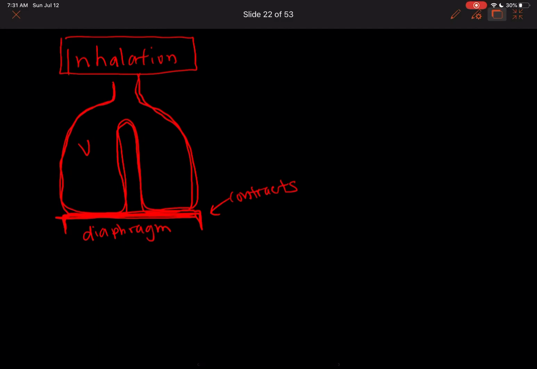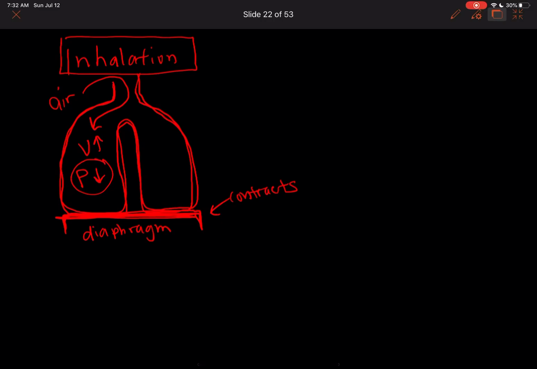When volume goes up, the increase in lung capacity means the pressure of the gas within the lungs will decrease. This is known as Boyle's Law, which we'll cover in chapter 23 on the respiratory system. Because your pressure has dropped below atmospheric pressure, air can flow in towards your lungs.